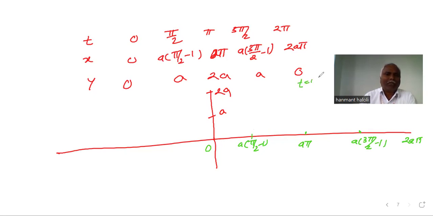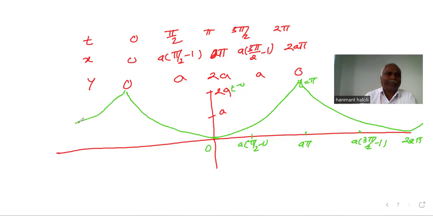When t equal to 0, the curve is passing through the origin, and symmetry about the y-axis. And here also the same symmetry about the axis. On the other side, again the curve is taking a loop, and here the same curve is going this side, taking a loop. This is a cycloid curve. Okay, we stop here only.